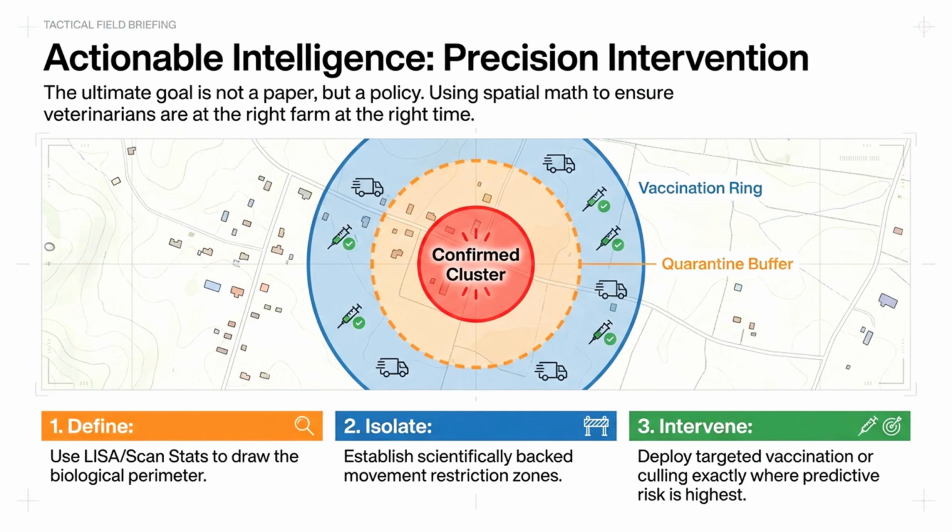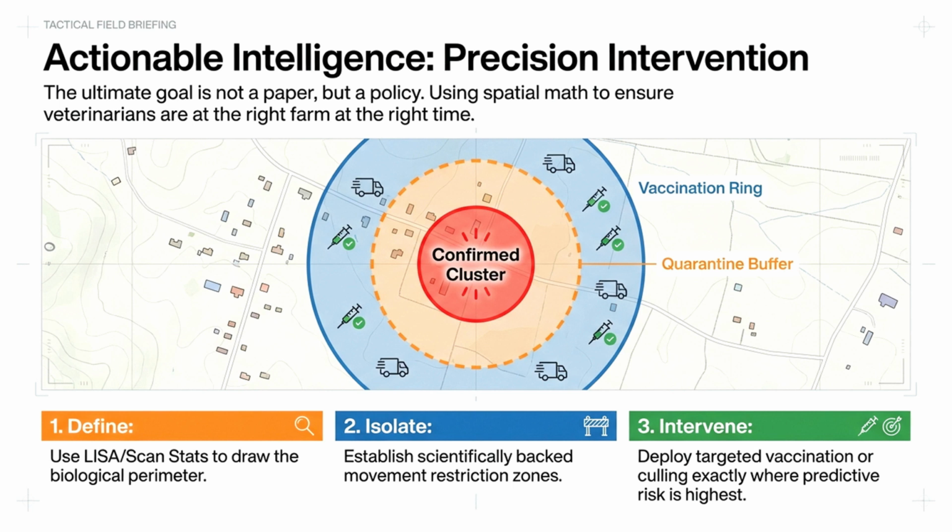If our LISA or spatial scan identifies a cluster, we use that geographic footprint to establish targeted vaccination zones or cull test positive animals. We use our spatial models to draw buffer zones and movement restriction areas.